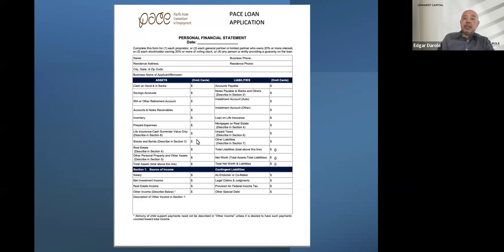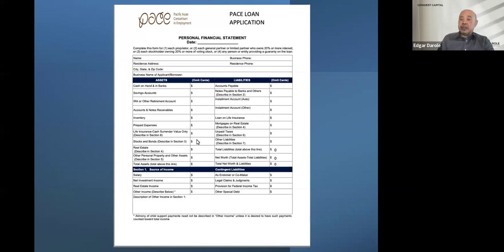So this could be some personal notes or a personal loan that you have, or let's say you have a furniture account, then you can put that account over there as well. Credit card debts, you can list it there either under the notes payable or accounts payable.